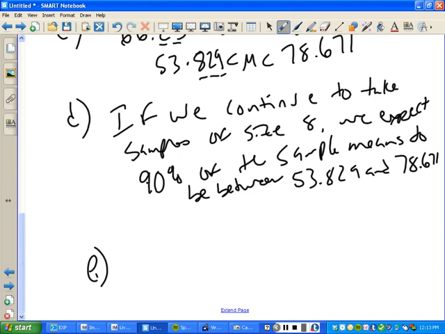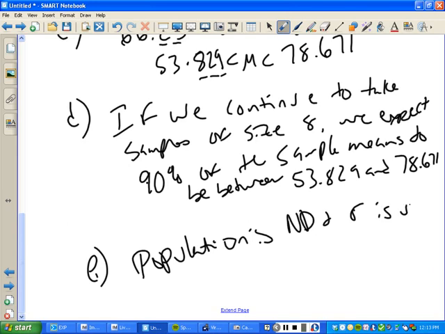The E for this one is different than the E that you've seen before. Population is normally distributed, and sigma is unknown. By the way, this spells unknown. Okay.